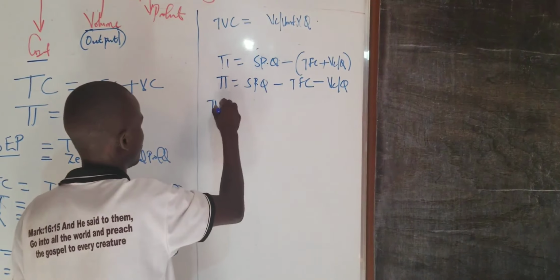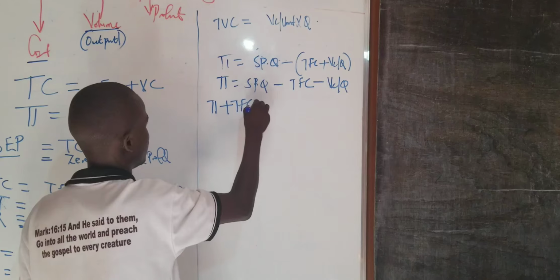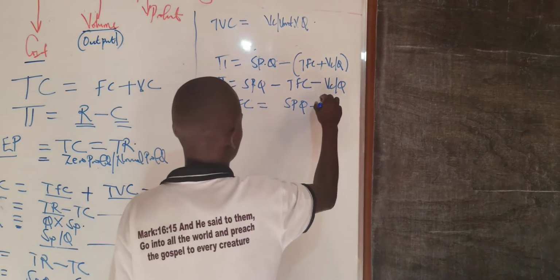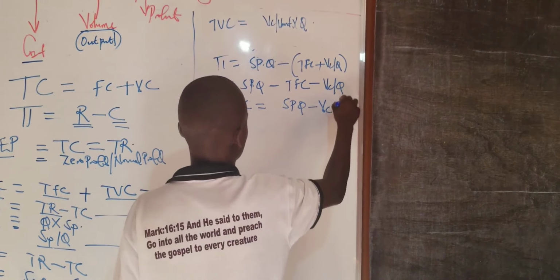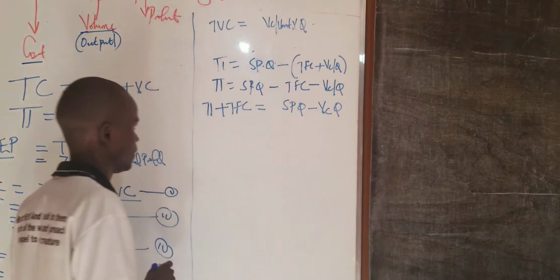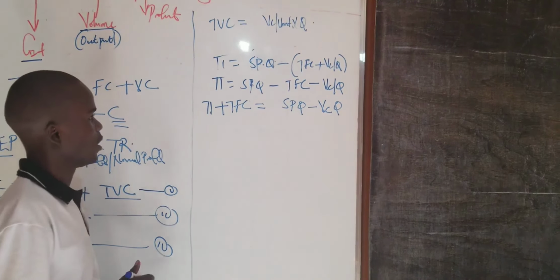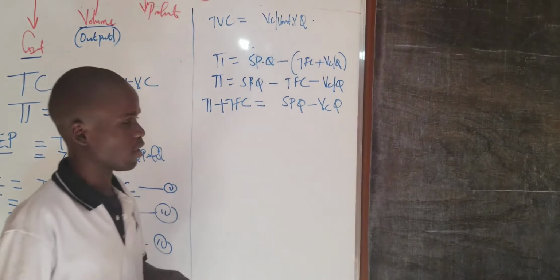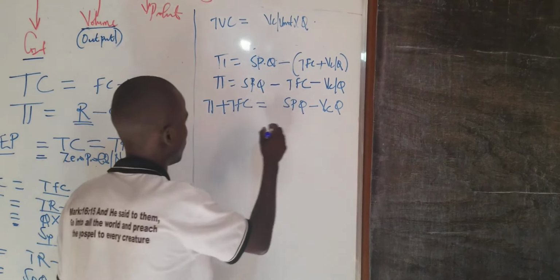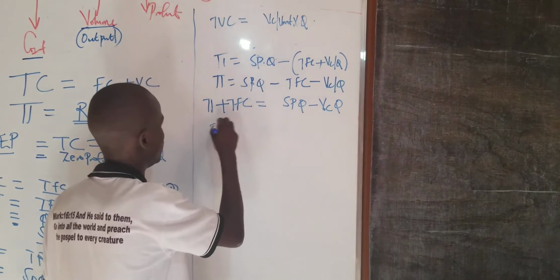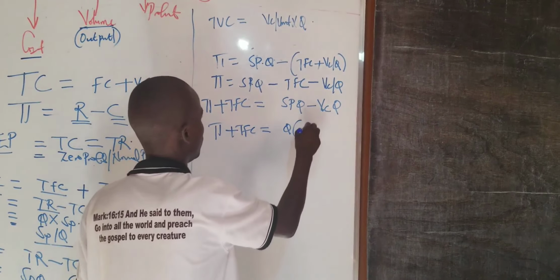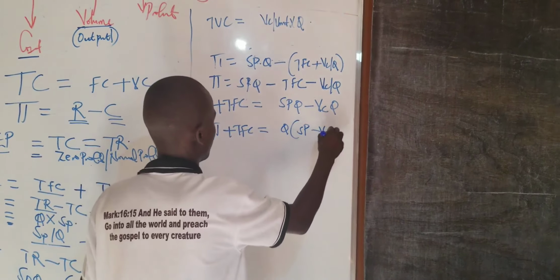You end up with profit plus total fixed cost equals selling price times quantity minus variable cost per unit times the quantity. Now we can extract the quantity because it is common. Therefore profit plus total fixed cost equals quantity times (SP minus variable cost).